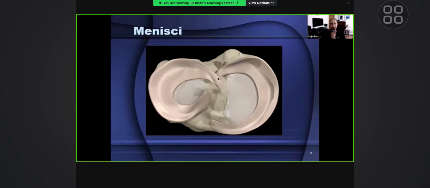And the biggest fibrocartilage is, of course, the menisci of the knee joint. You've got the acetabular labrum and you've got the glenoid labrum. They're all examples of fibrocartilage.